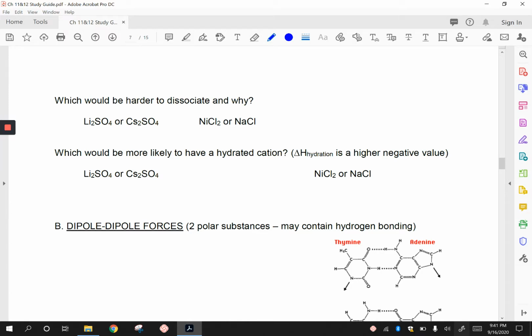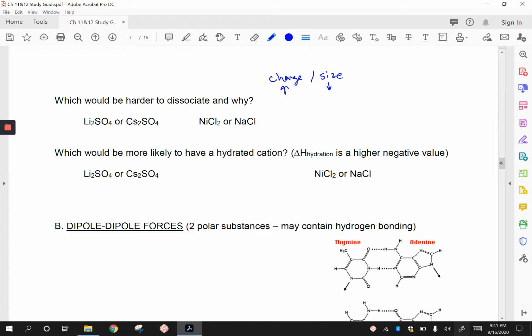Well, since they're all ionic and we're looking at ionic interactions, remember ionic interactions have to do with charge and size. The higher the charge, the stronger the attractions. The smaller the size, the closer the particles are together, the stronger the attractions. And remember, charge trumps size.